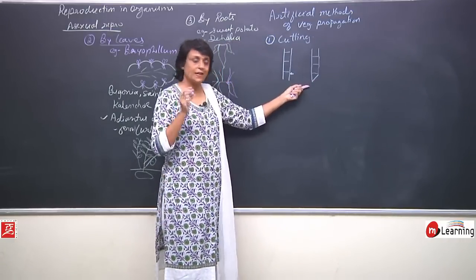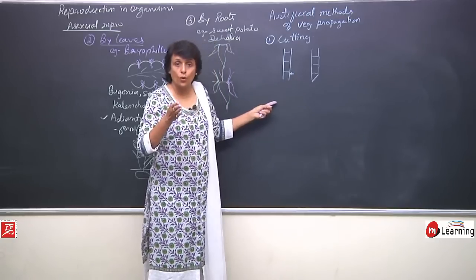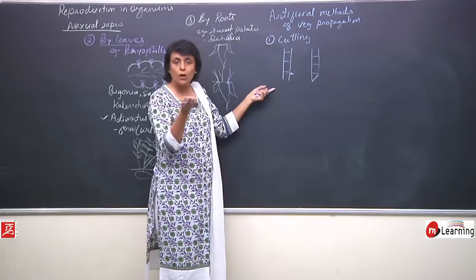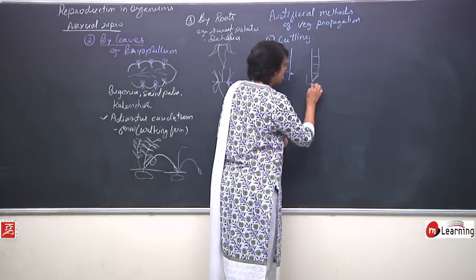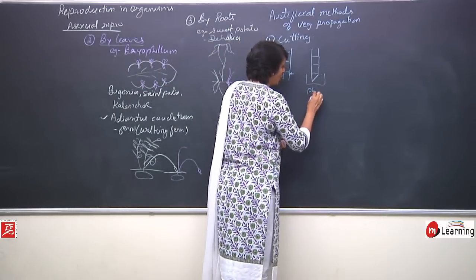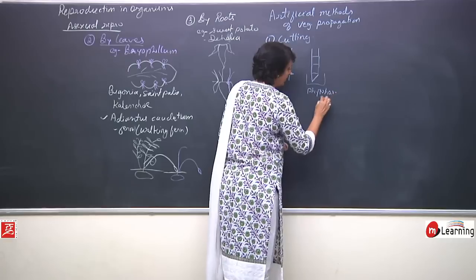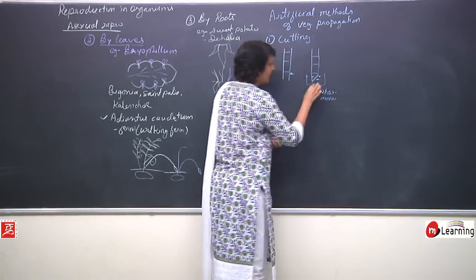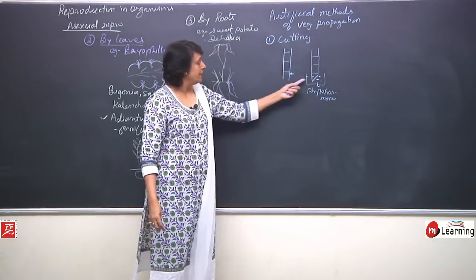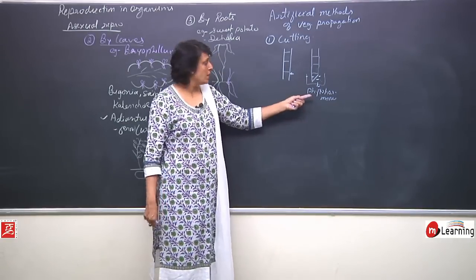The purpose of cutting it in a slant is that the tissue exposed is more as compared to the horizontal cut. Secondly, we dip this in some phytohormones. So after giving it a particular cut, the tip should be dipped in phytohormones.